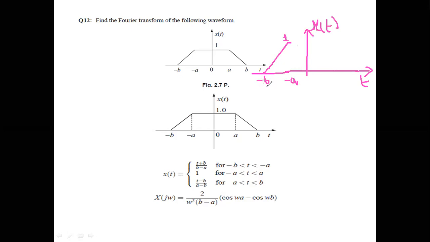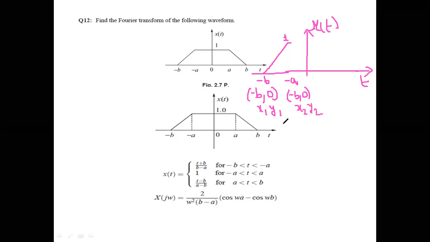So minus b is on the x-axis, so the point minus b and 0 is x1, y1, and minus a is also on the x-axis. A point on the x-axis means y is 0. A point on the y-axis means x is 0, my dear students. Let the second point be x2, y2.